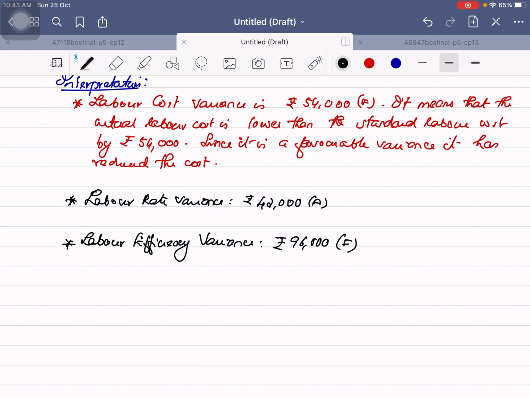So you can write as interpretation for this: it represents the variation in the labor cost due to difference in the standard hours that ought to have been taken for the actual production, and the actual hours consumed.